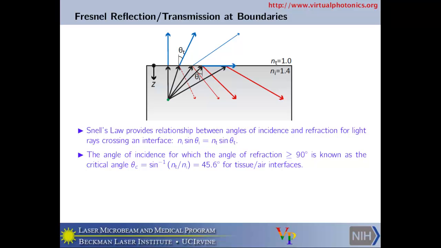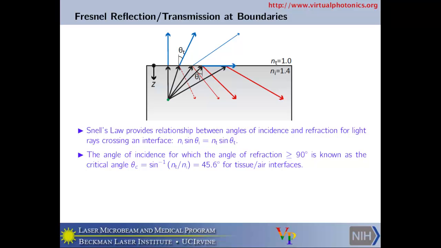Typically we're dealing with situations where we have tissue and some medium of different refractive index on the boundary of the tissue. If you imagine this to be a greatly magnified view, and this green point is just below the surface, you have some angular distribution of your light field propagating upwards and trying to escape.